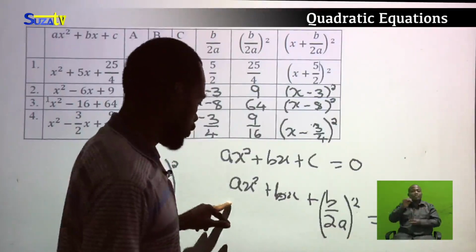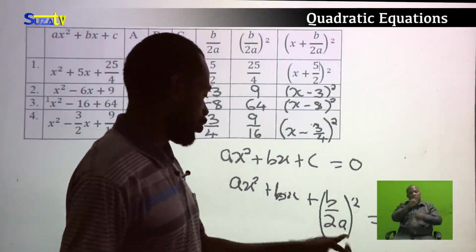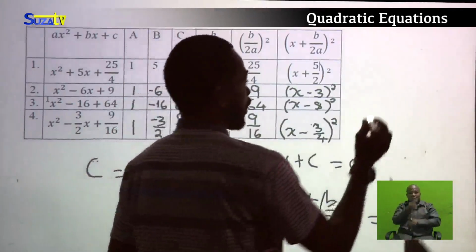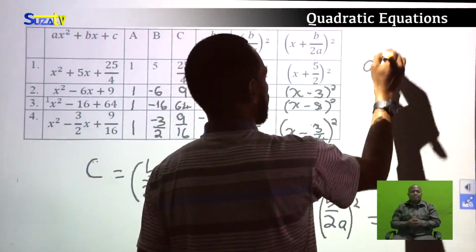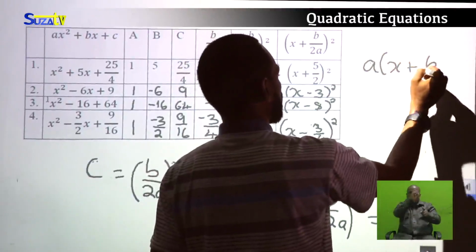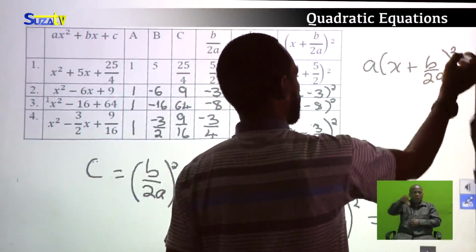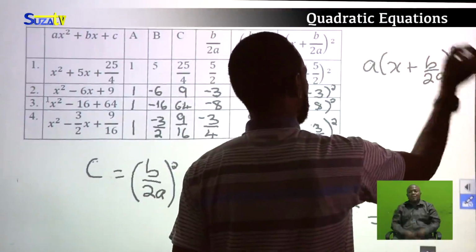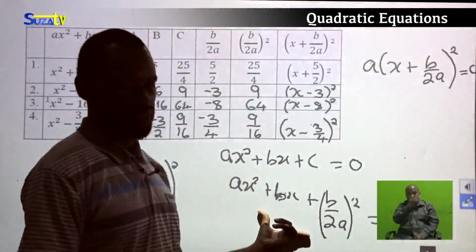Now this expression is a perfect square. How? Because this expression is the same as writing x plus b over 2a, the whole thing squared, which is equal to 0. So this one is the same as this one.